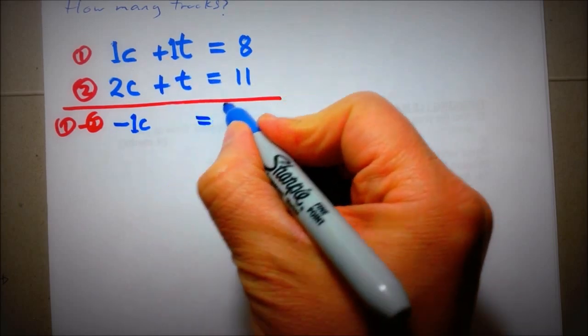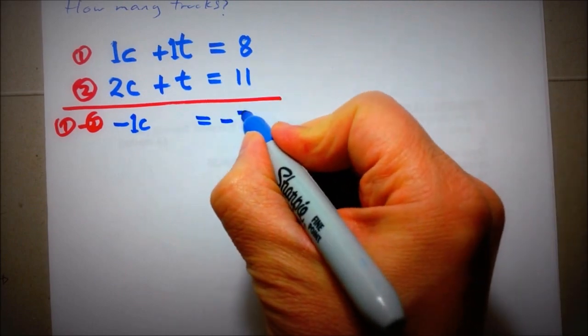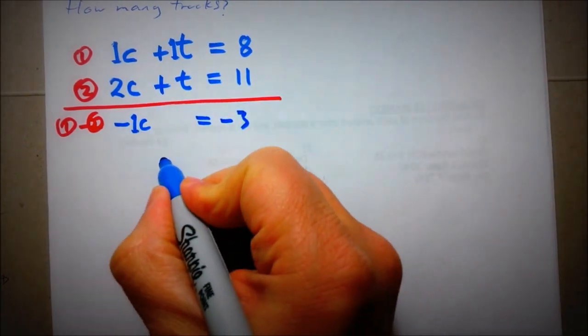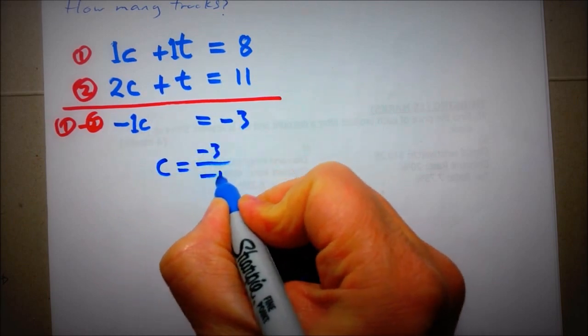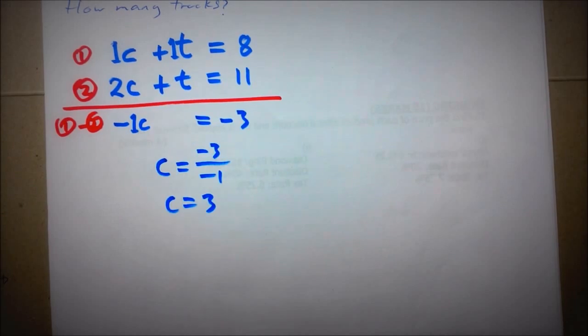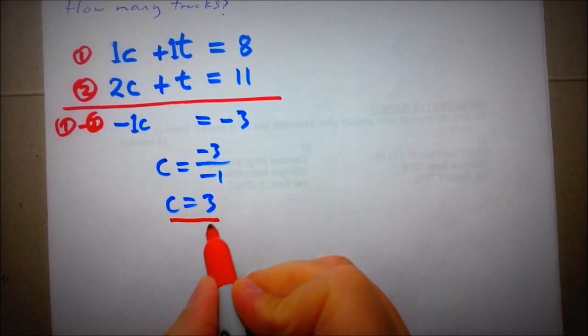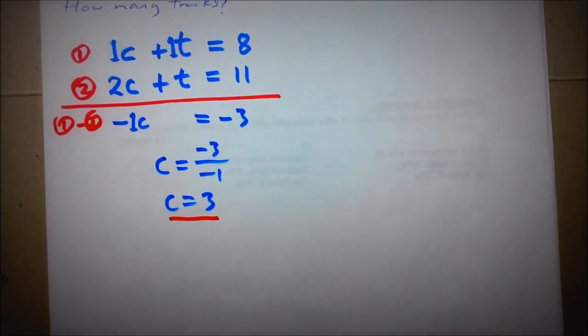So I'm gonna write it, and then 8 minus 11, that gives us minus 3. Okay, and then c becomes negative 3 divided by negative 1, that gives us positive 3. Alright, so that's our number of cars originally.